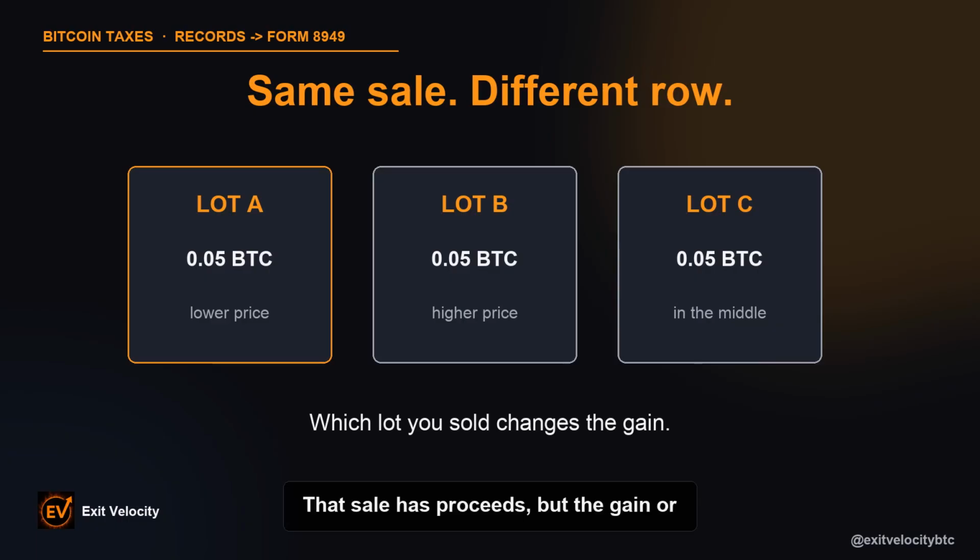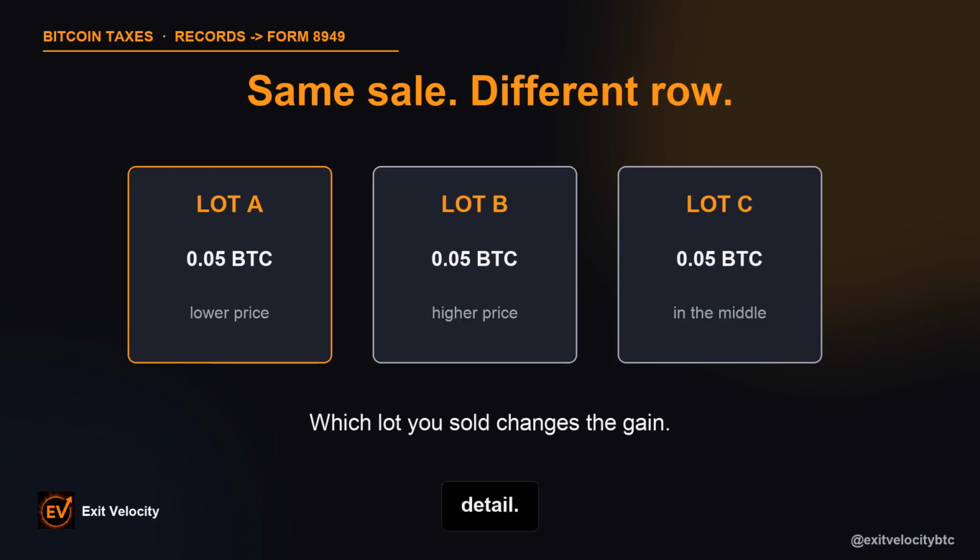That sale has proceeds, but the gain or loss depends on which lot you sold. If your records do not identify the lot, you may fall back to the default method. If your records do identify the lot properly, your tax professional may be able to use that record to report the specific lot. Same sale, same amount of Bitcoin sold, different basis, different gain, different Form 8949 row.